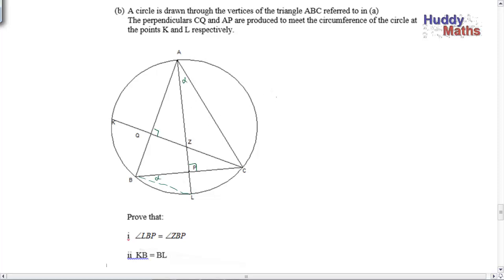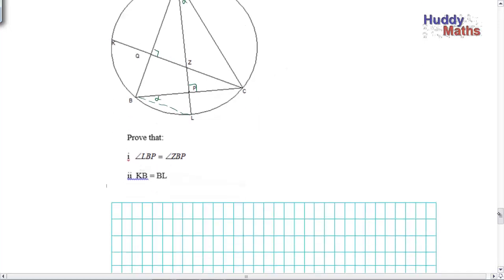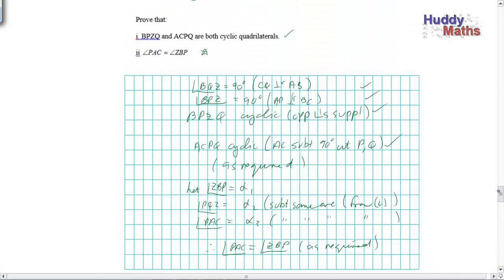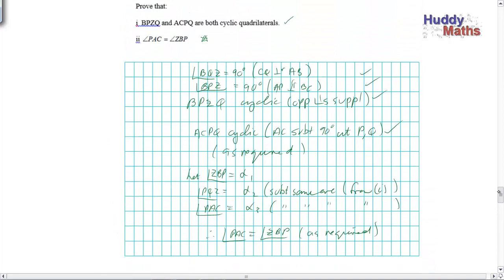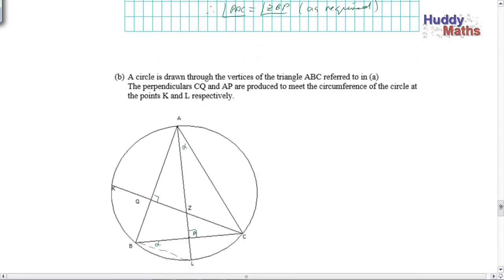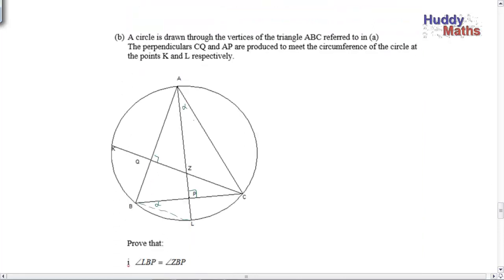And what other angle did we have? PQZ and ZBP. We actually had that one as alpha as well. I don't know whether they're all going to help us here, but let's have a look.